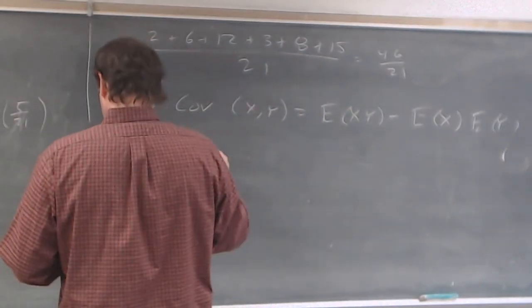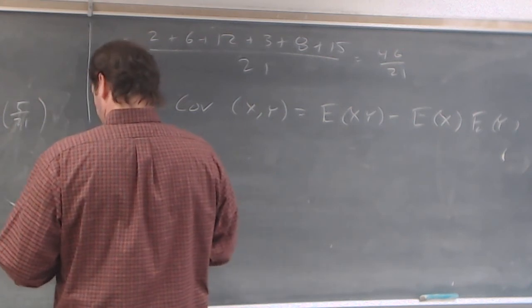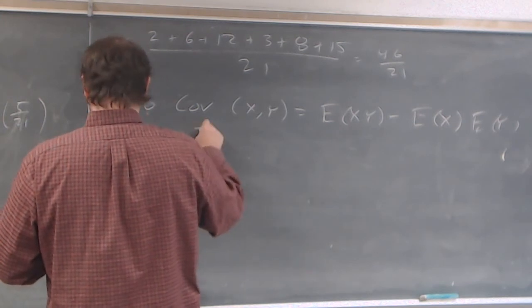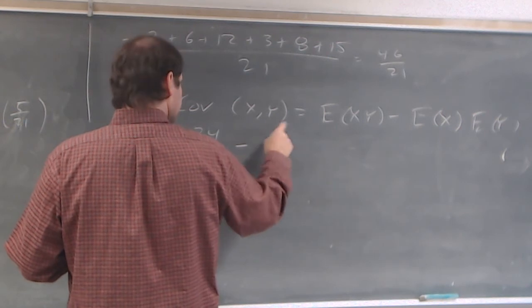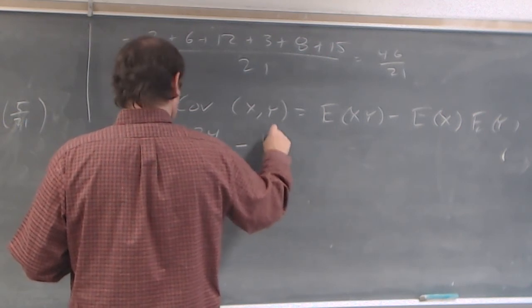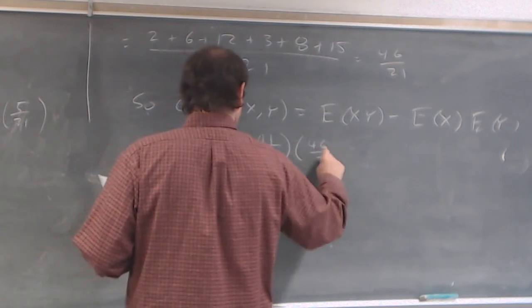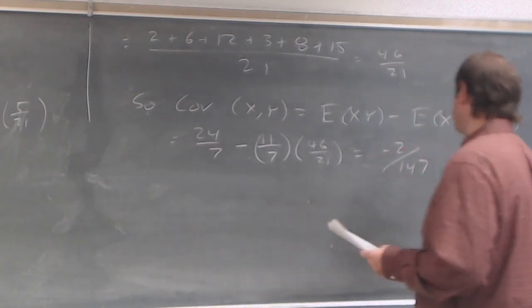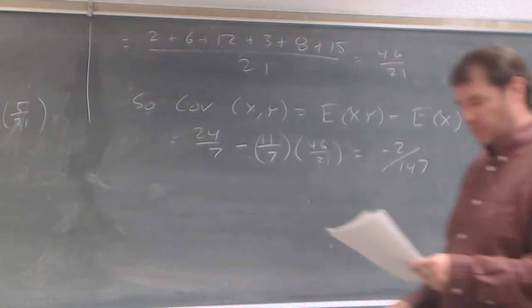That's going to be equal to 24 over 7, minus the expected value of x we calculated a few seconds ago, 11 over 7, times 46 over 21. When you do this, you end up getting minus 2 over 147. So the covariance can be negative, that's okay. And that's an example of it.